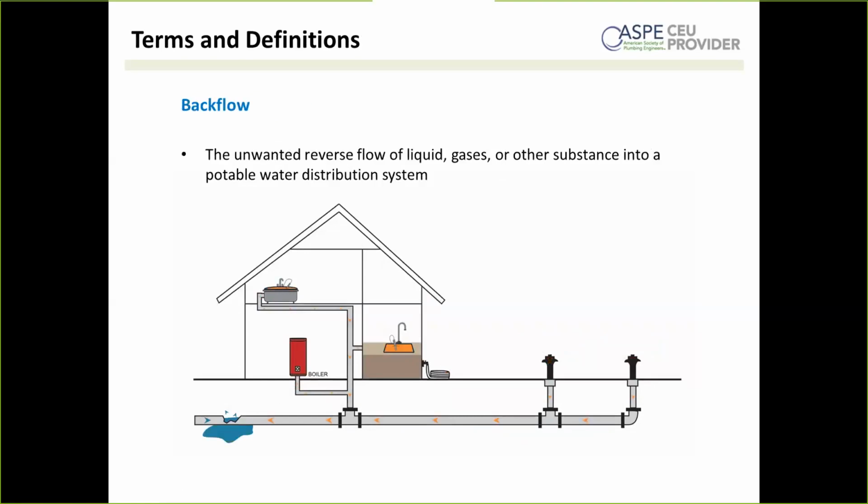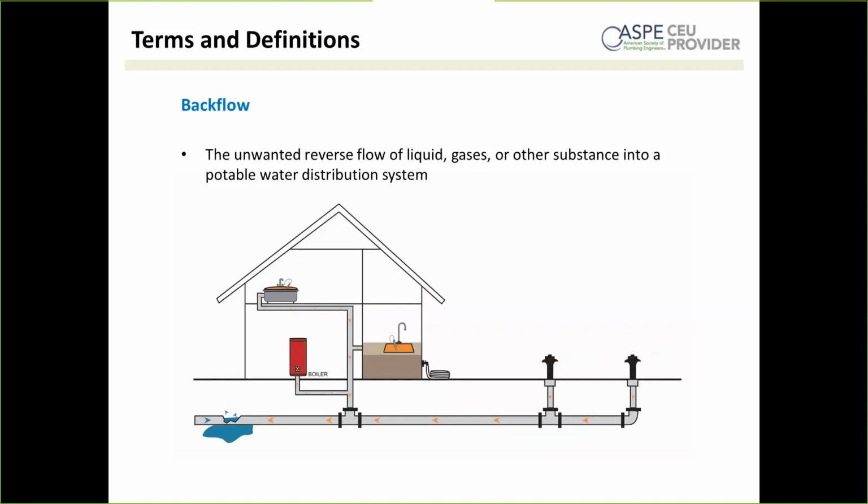Backflow is the unwanted reverse flow of a liquid, gas, or other substance into the potable water distribution system. So our potable water distribution is built to operate in one direction. It goes from distribution to use. So when that direction reverses and you have cross connections downstream that are unprotected, that is how you introduce contaminants.